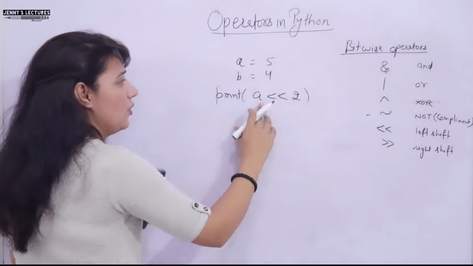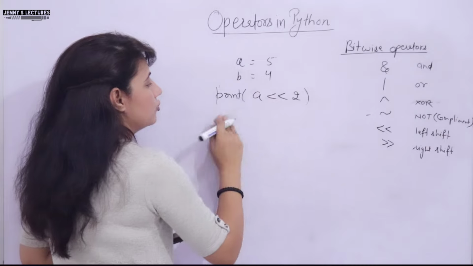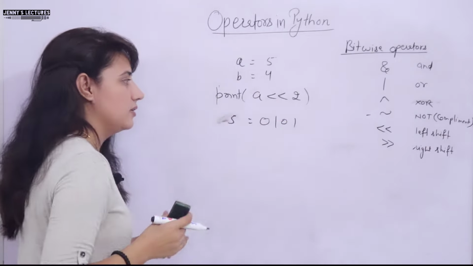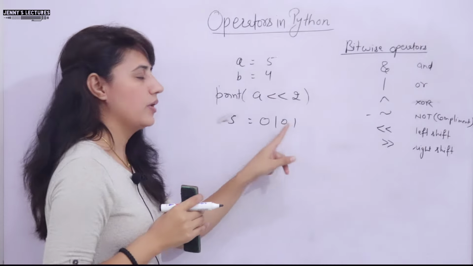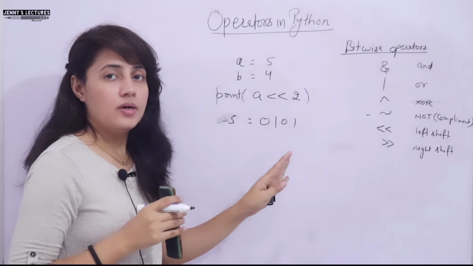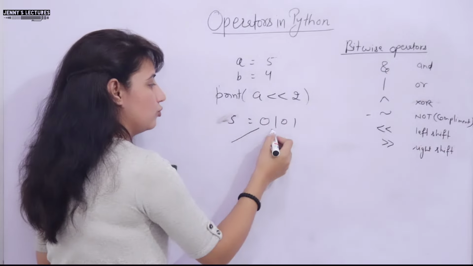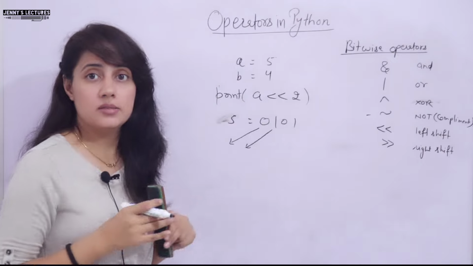Now A is 5. So 5 in binary is 101. We write it as 0101. This is 5. Now left shift by 2 bits means we are going to shift this side by 2 bits.